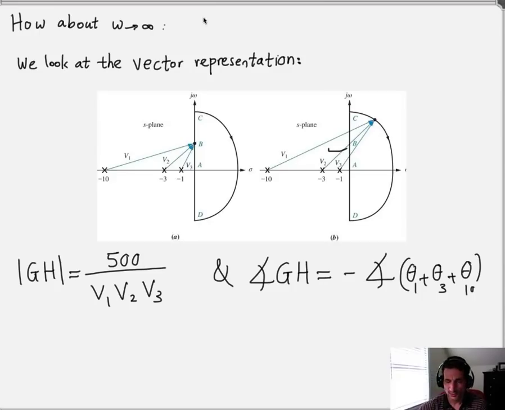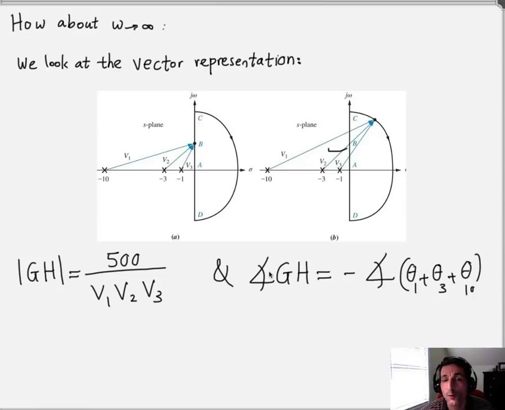Just like what I discussed in the first part of this lecture, with the vector representation, for any point that we consider, the magnitude is 500 divided by v1, v2, v3, where v1 is the distance from that point of interest to this pole, v2 to this pole, and v3 to this pole.